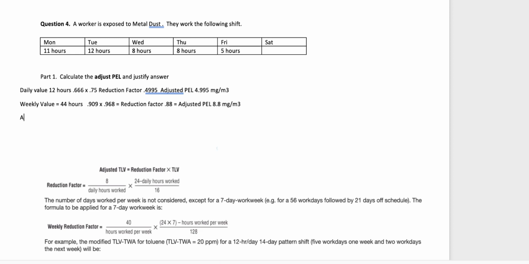Therefore, the adjusted PEL is 4.99 milligrams per cubic meter because it's the smaller of the two. So we're taking the more conservative approach when we're doing our adjustments based on this 12-hour workday.